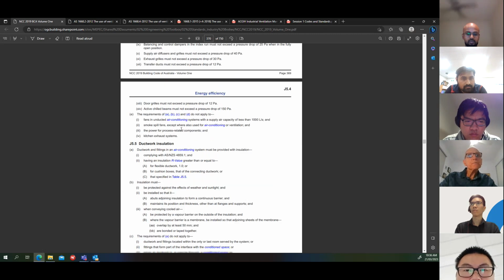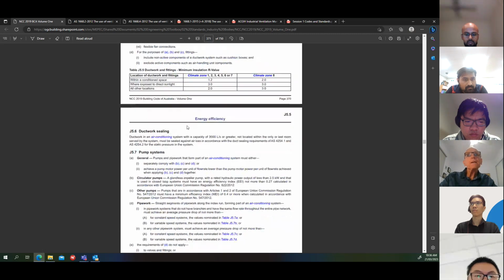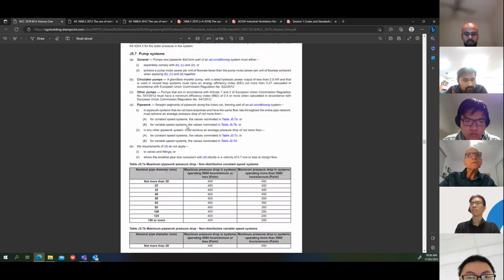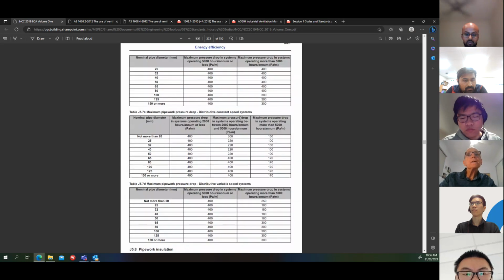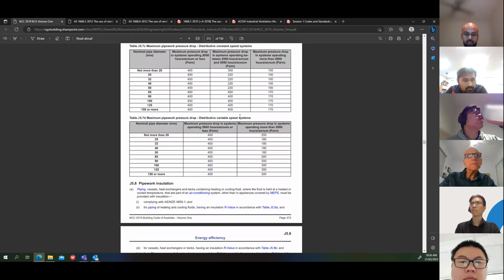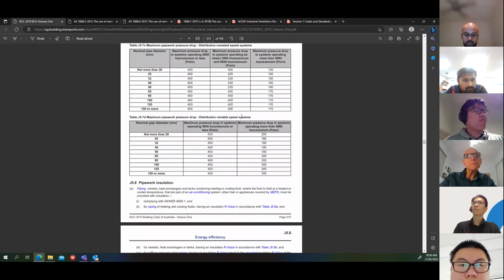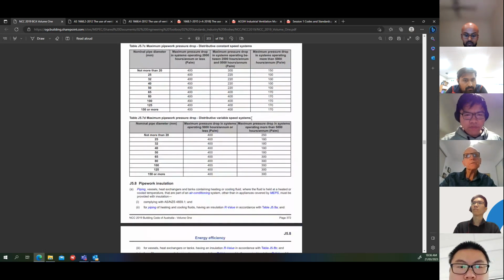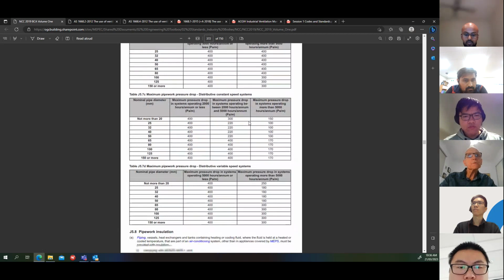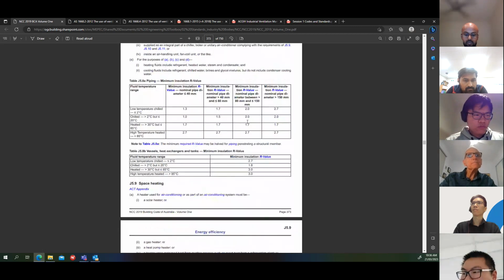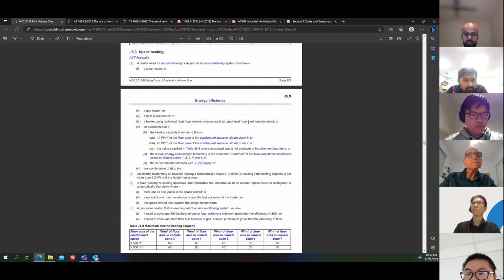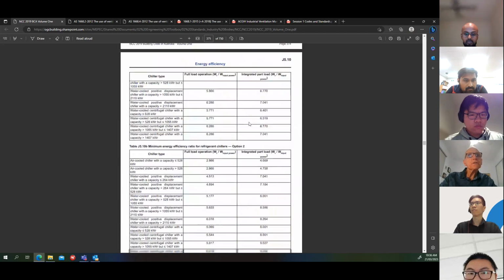ductwork sealing, pump systems, pipe sizing. It gives you, for the various sizes, the maximum pressure drop allowable, depending on the operating hours per annum, and depending on the type of system it is. Maximum pipe pressure drop for a distributive variable speed system. There's different types of systems, different requirements. And pipework insulation, space heating, refrigerant chillers, unitary air conditioning equipment.